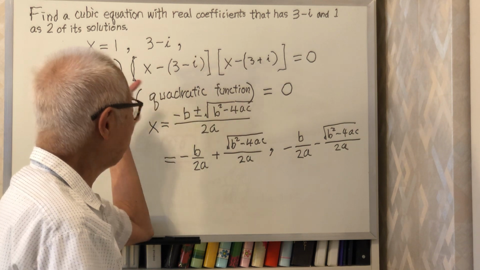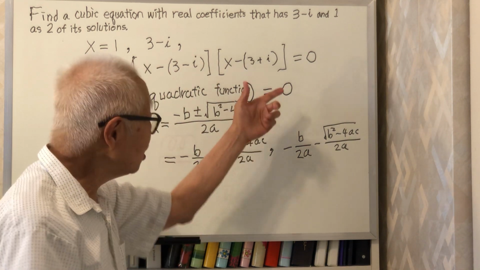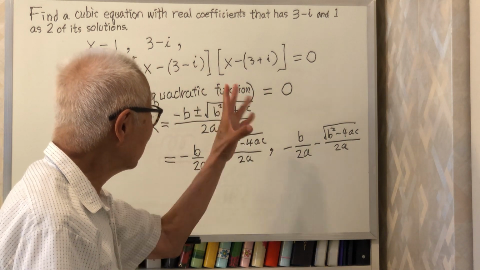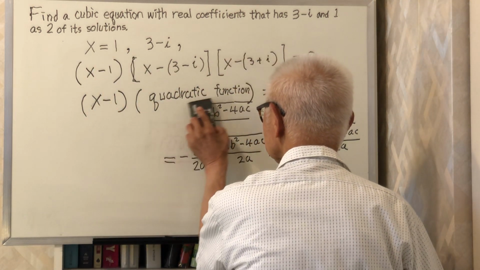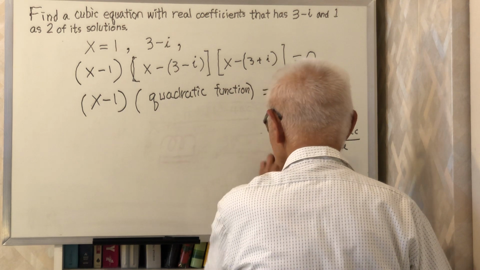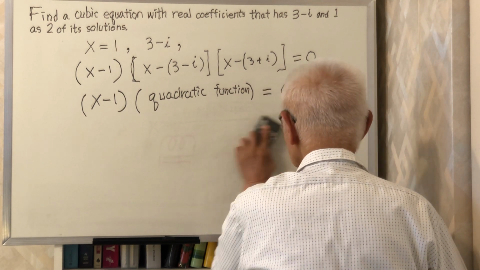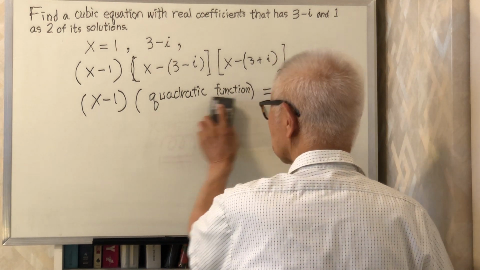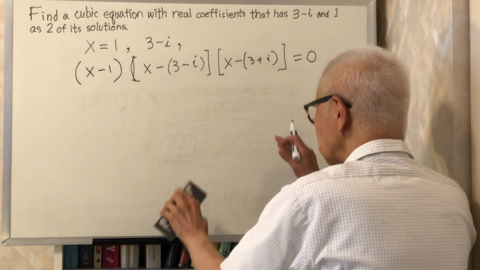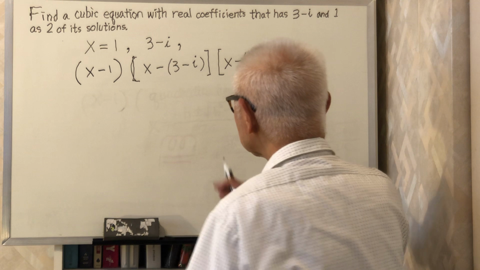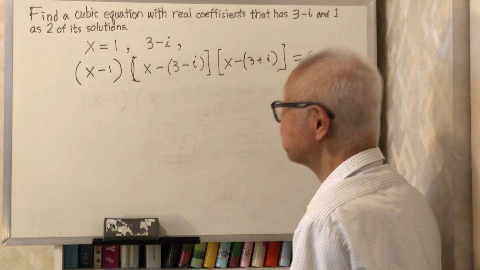I just expand this. Just expand it. So I get the cubic equation. So let me erase this. And I also erase this. My cubic equation is just to expand this part.